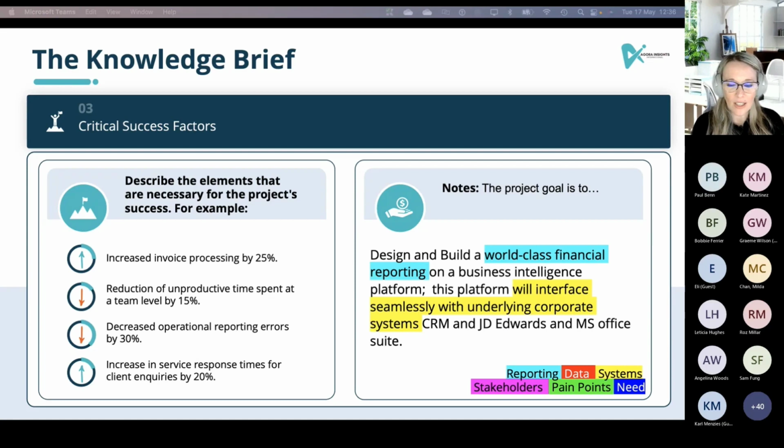So well done. Yes, this is not a good or well-written project goal. So if you thought I was just going to give you the answers, you're incorrect. Firstly, I've highlighted the colors that have been mentioned in the documentation.